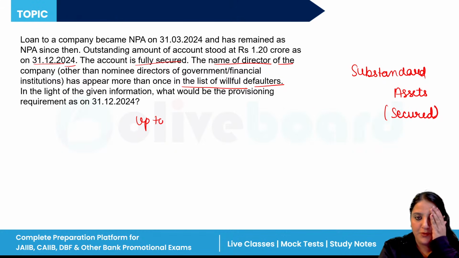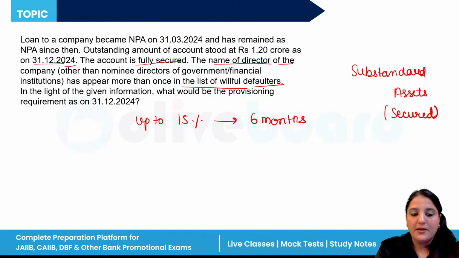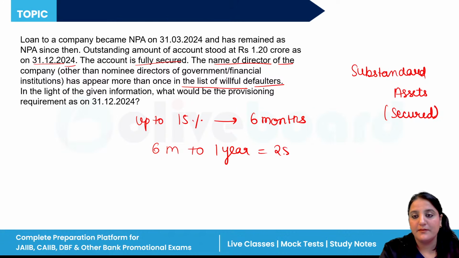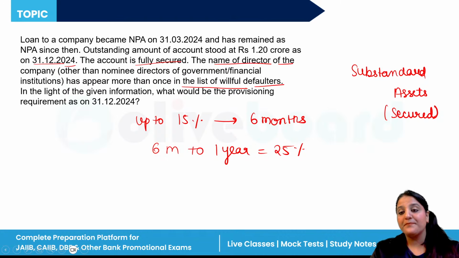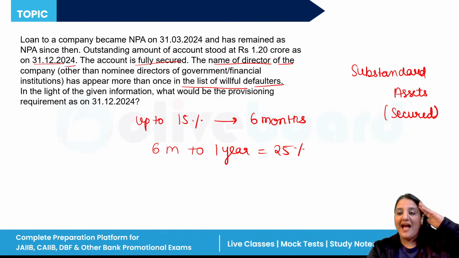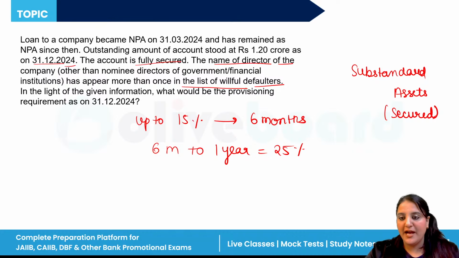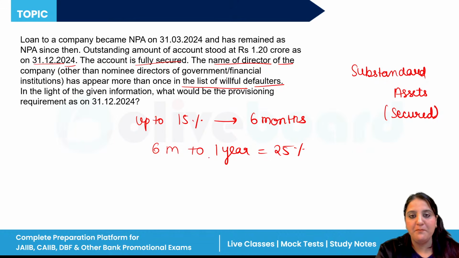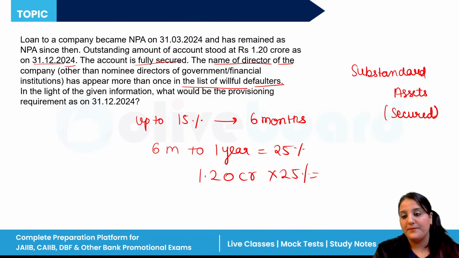More than 6 months to 1 year it becomes 25%. So for a secured substandard asset it will be 25%, and we have to calculate 25% of 1.20 crore, which gives us 30 lakh.